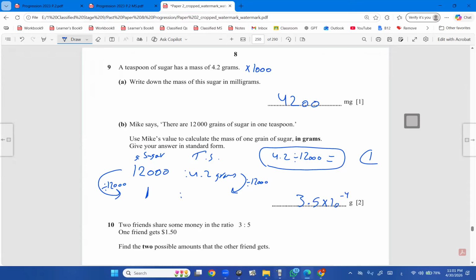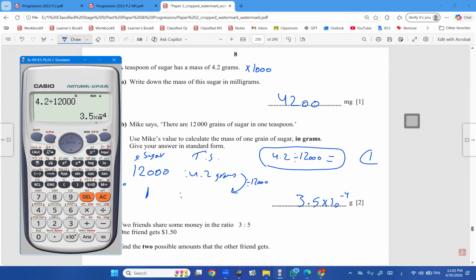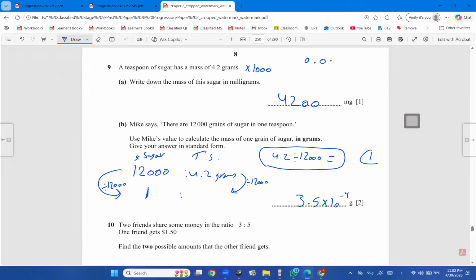If it is not written in the standard form, let's say, for example, if you find it in any of the calculators written this way, 0.00035, then you should turn this into the standard form. You're going to find that it's 3.5 multiplied by 10 to the power of negative 4.